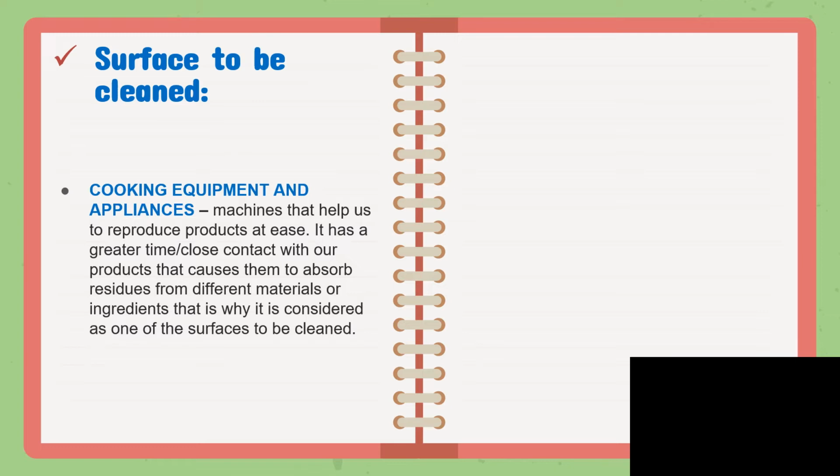So, as we discussed earlier, ano-ano ba yung mga appliances natin other than oven, microwave, blender, o ano pa ba yung pwede nating linisin? Like mga yung electric mixer, all the small appliances, oven, toaster, ayan.